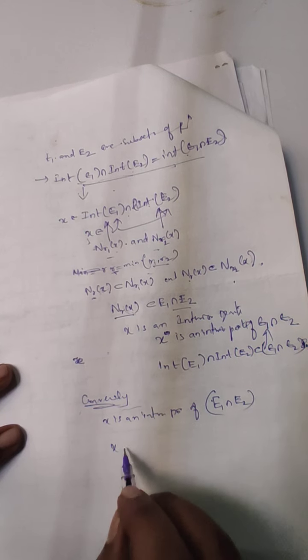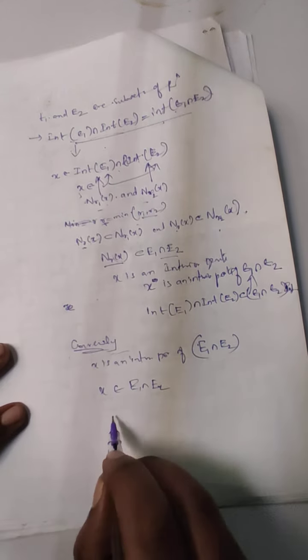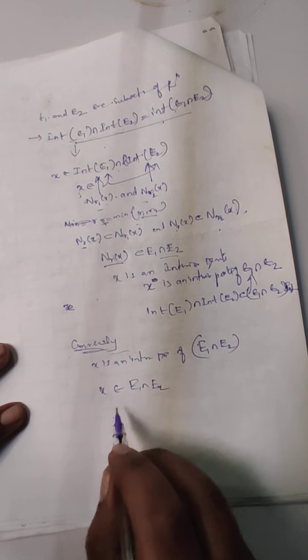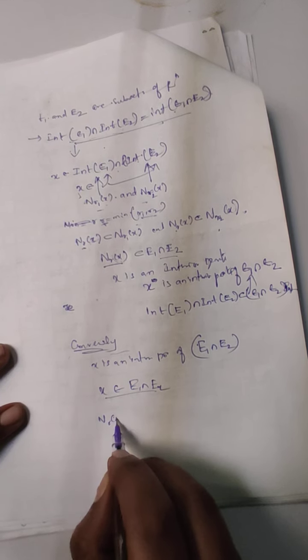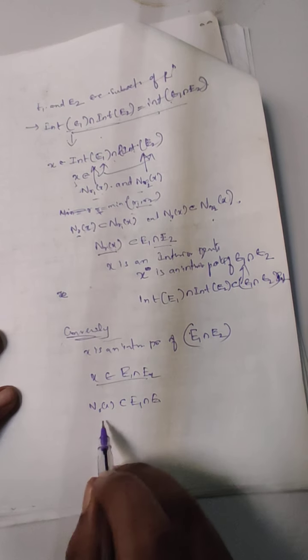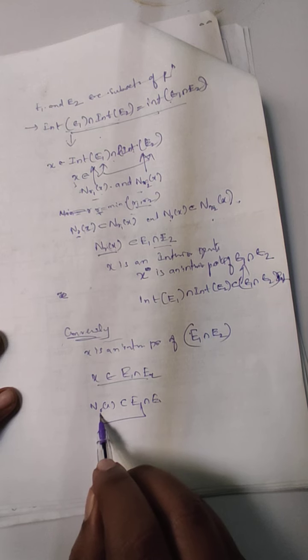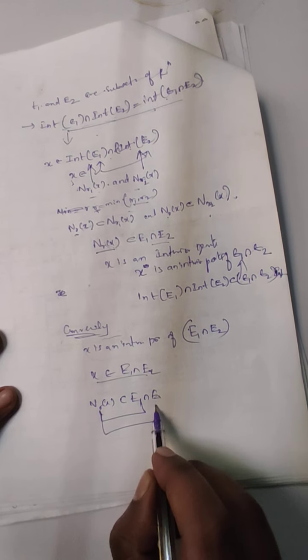So that implies that x belongs to E1 intersection E2. So there exists N_r(x) which is a subset of E1 intersection E2. From there we get that this N_r(x) neighborhood is a subset of E1 and also E2.